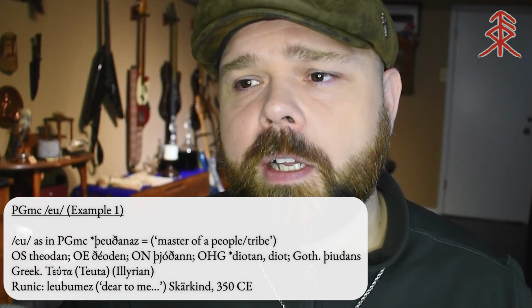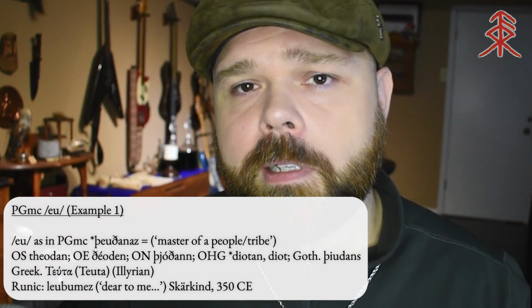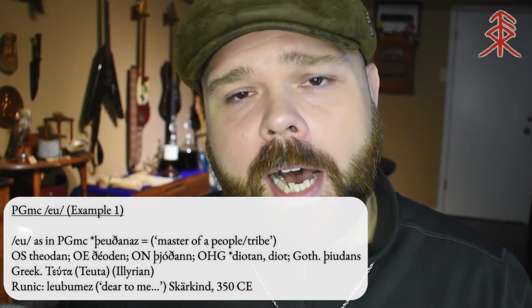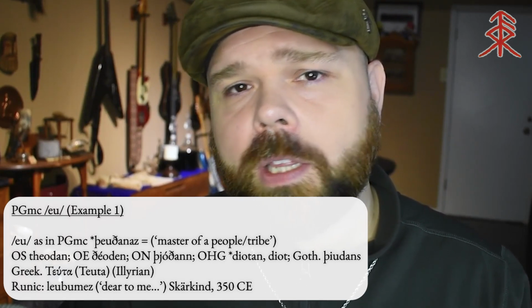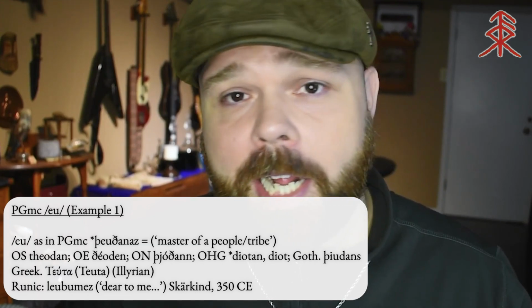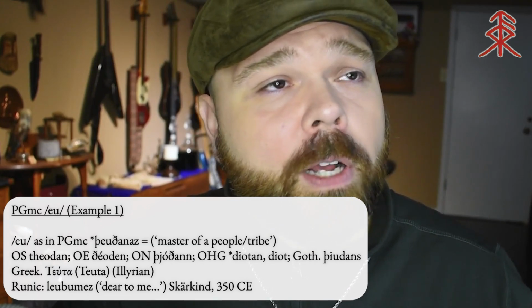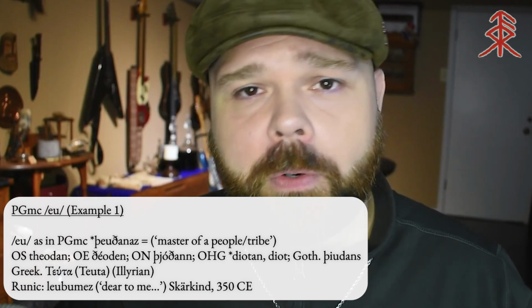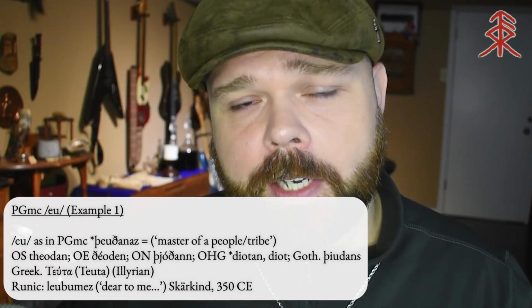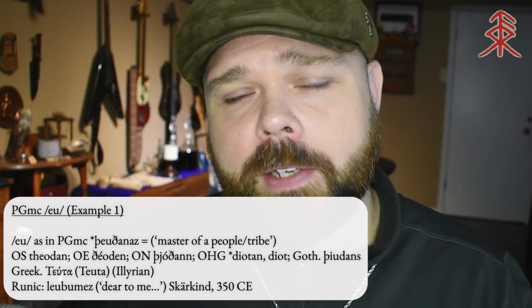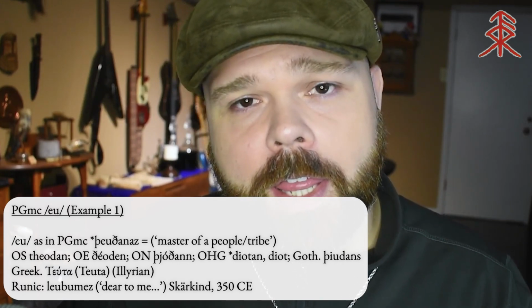And this is just a word that means master of a people. That na is actually like a master suffix or a lord, or as we'll see in just a minute, a mistress over something, whether it's a forest or people or whatever. So Theuthanos is how you say that.